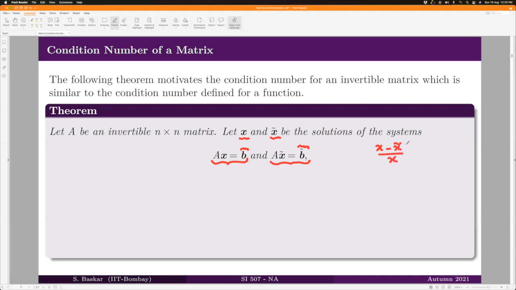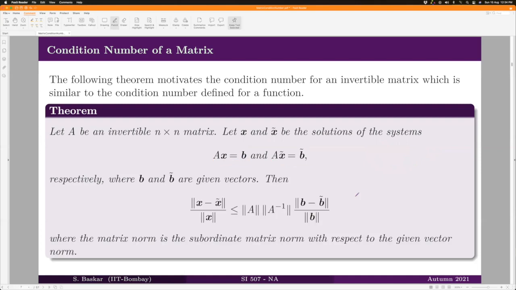So it's not very clear how to define the relative error when x is a vector. But that is not a problem. We can always fix a vector norm and take the vector norm in the numerator as well as in the denominator, and then call this the relative error in x tilde when compared to x. And this is what we will be doing in our analysis.